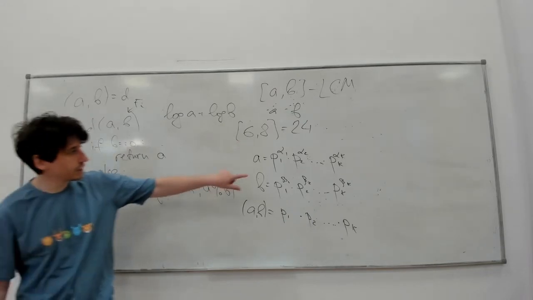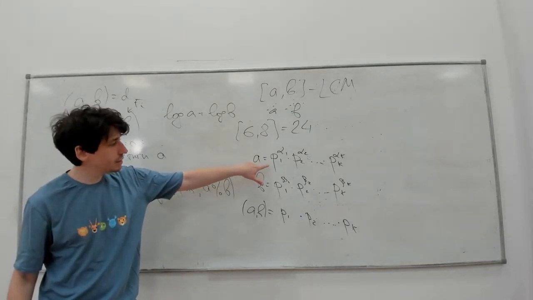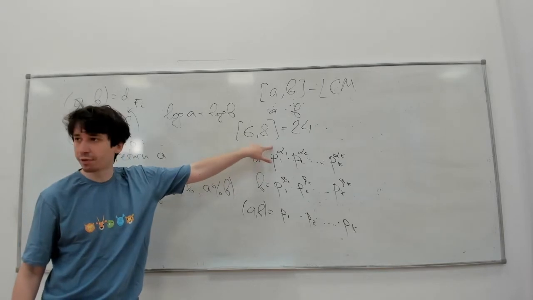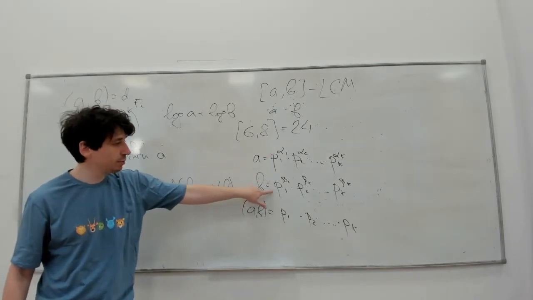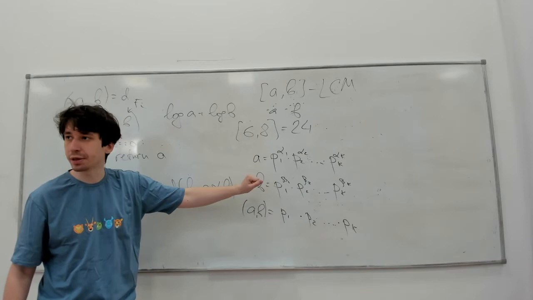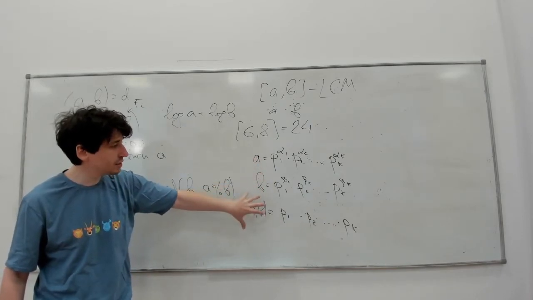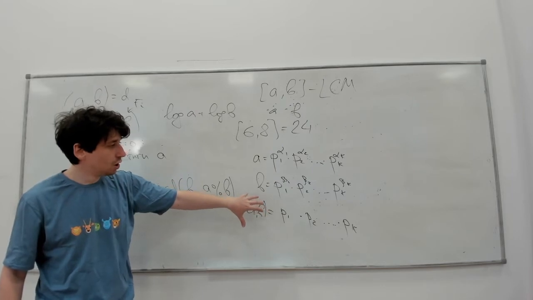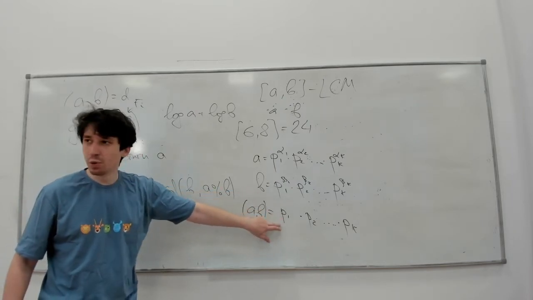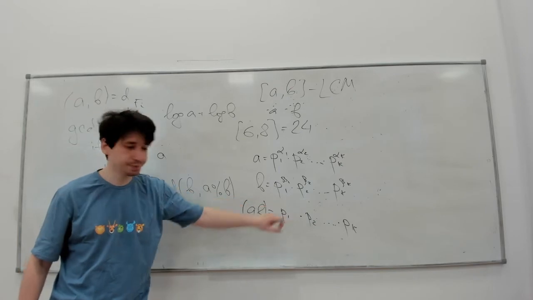We want A to be divisible by P1 to the power of alpha 1, and B divisible by P1 to the power of beta 1. So the common divisor of P1 could be in the power here.